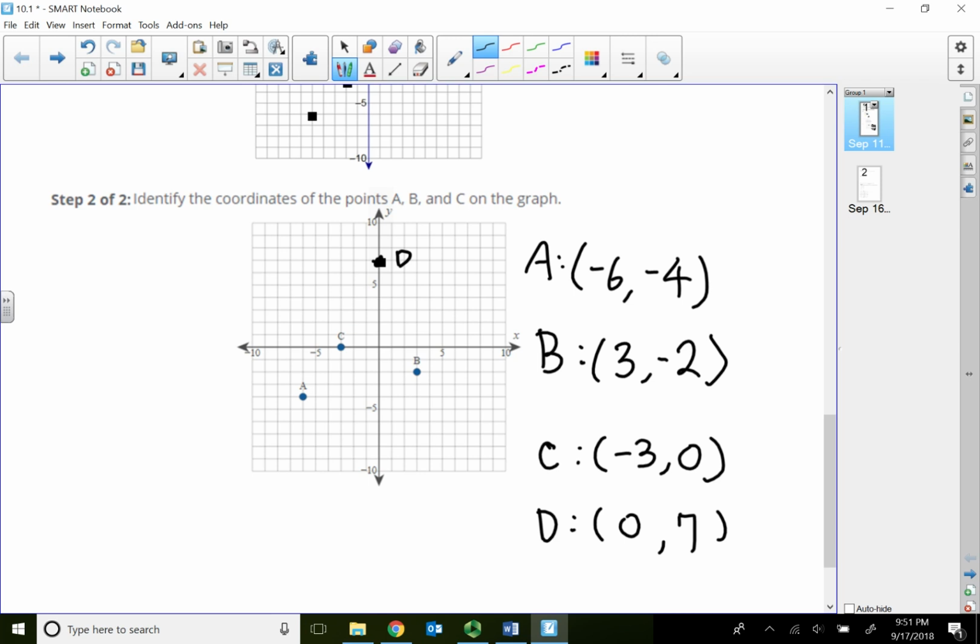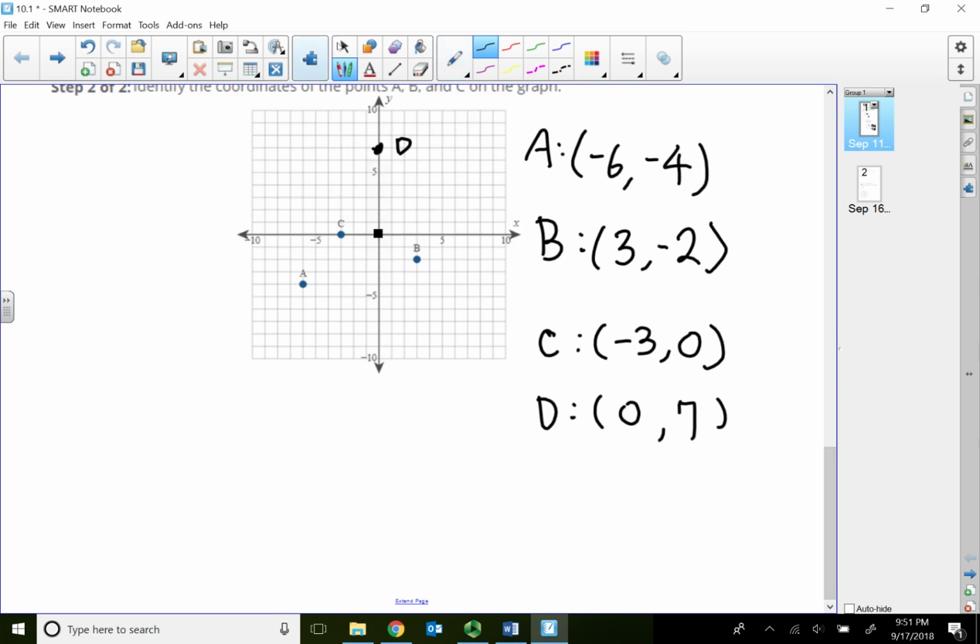Let me bring this point back down. Starting from the origin, if I only go to the right 1 place, 2, 3, 4, the only number that's changing is my x value. My y value got to remain as 0, because if I just walk along the x-axis, the x value is what's changing, but my y value got to remain as 0.